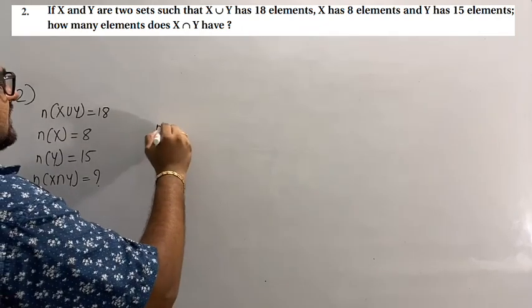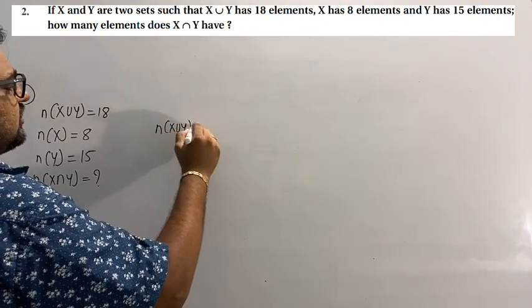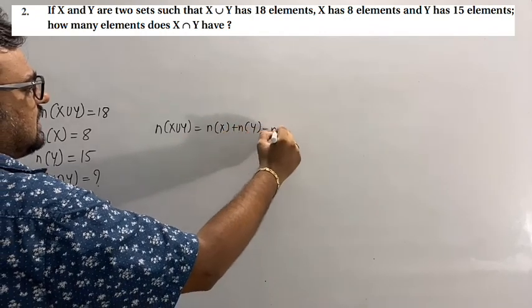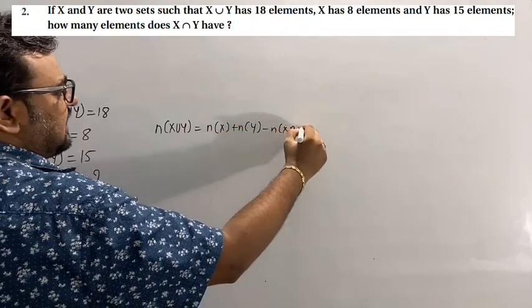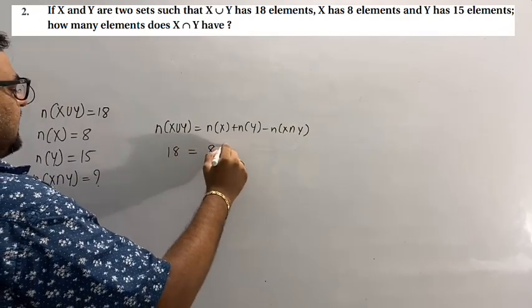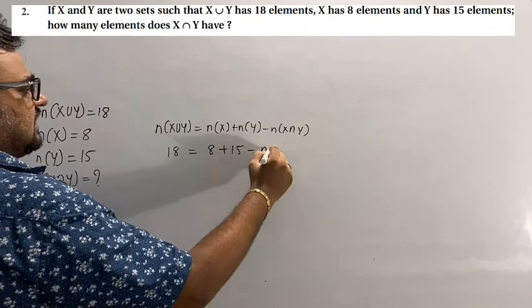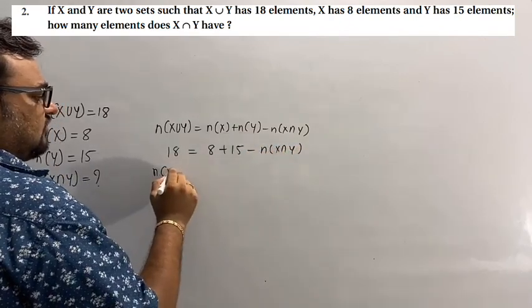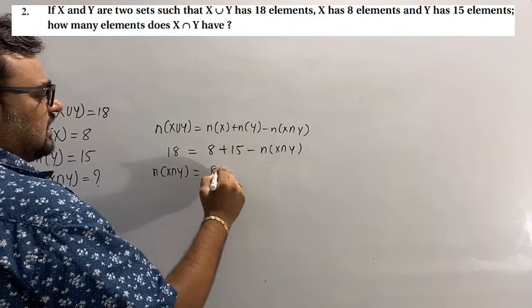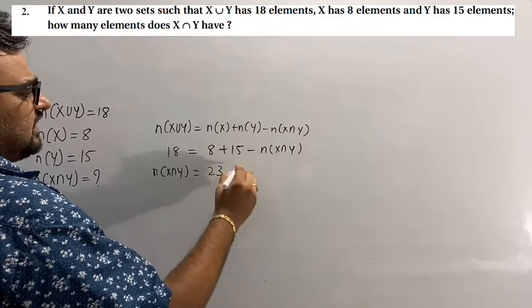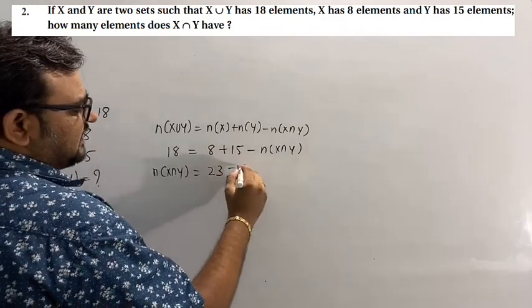We will use the same formula: n of X union Y is n of X plus n of Y minus n of X intersection Y. 18 is equal to 8 plus 15 minus n of X intersection Y. So n of X intersection Y is 8 plus 15, that is 23, minus 18.